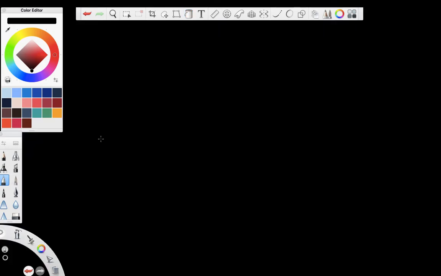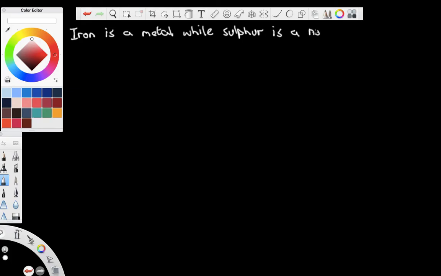So let's think about a different example. Okay? Iron is a metal, while sulfur is a non-metal. We can mix iron and sulfur together to get a mixture of the two.